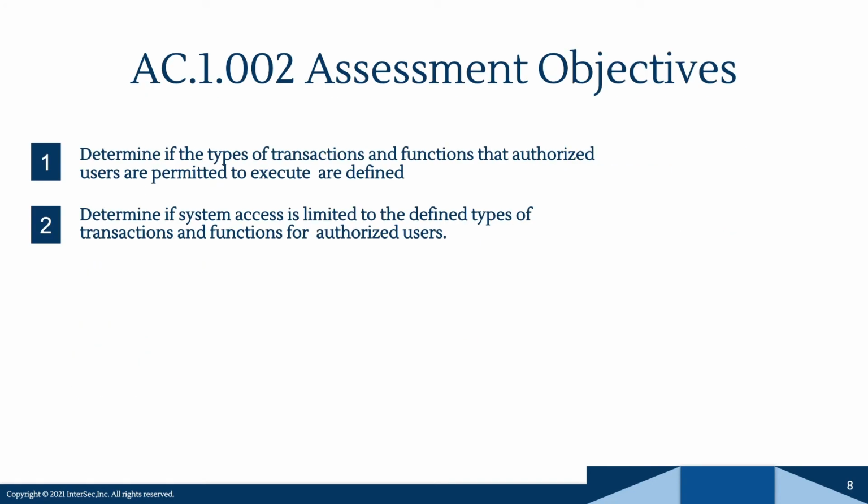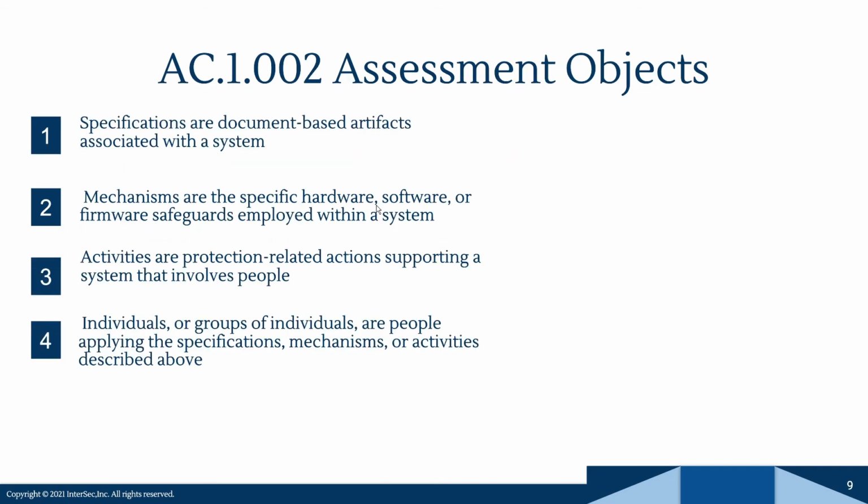For AC.1.002, the assessment objectives are: determine if the types of transactions and functions that authorized users are permitted to execute are defined, and determine if system access is limited to the defined types of transactions and functions for authorized users. For the assessment objects, the first one is going to be specifications, or document-based artifacts associated with a system.